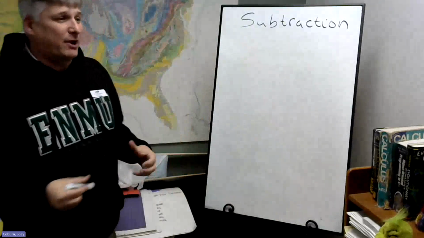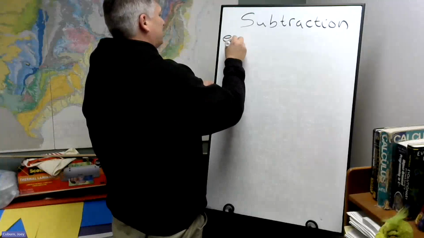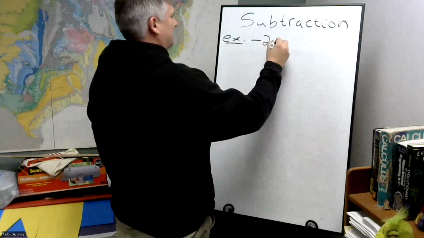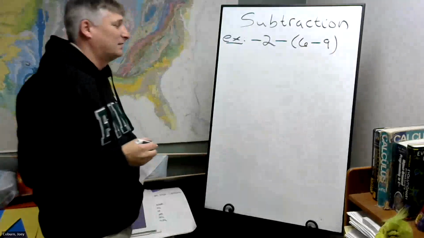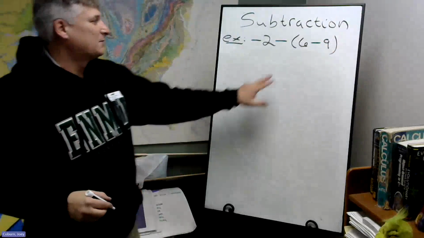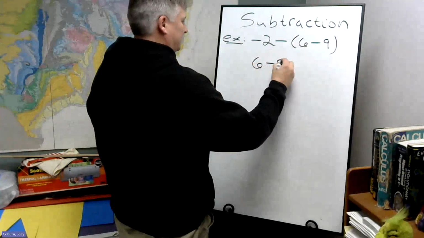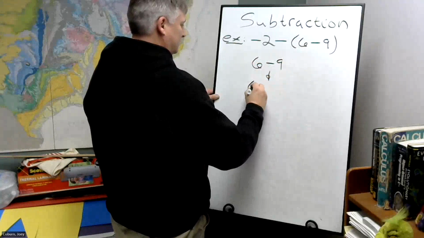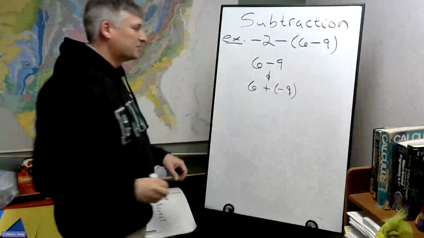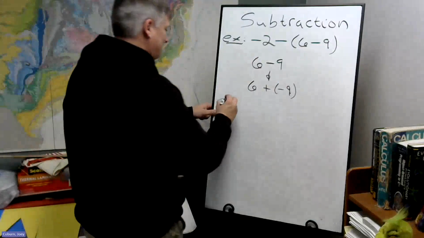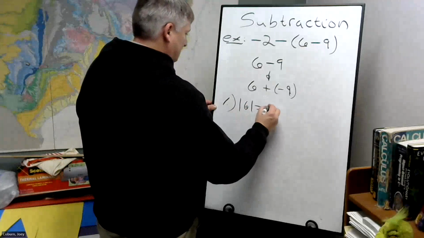The last thing with subtraction, again, is that double negative. So suppose we have something like this. Now, in this case, we have 6 minus 9. So let's call 6 minus 9 6 plus -9. Again, we turn subtraction into adding a negative. So absolute value.